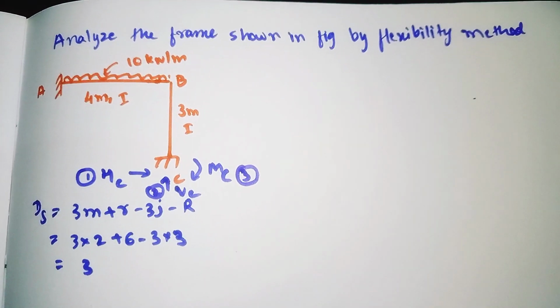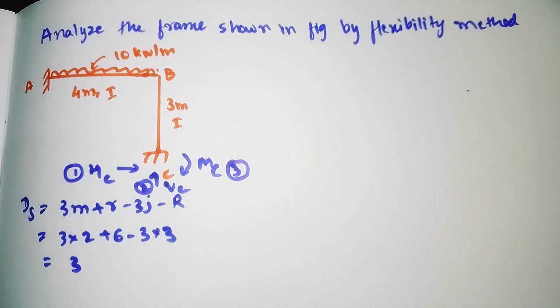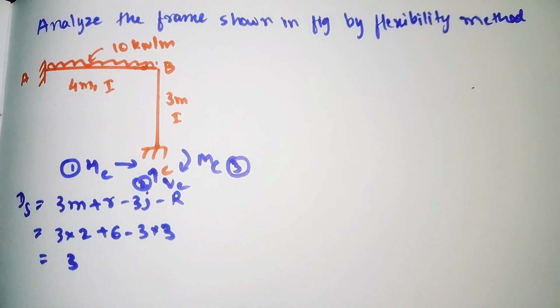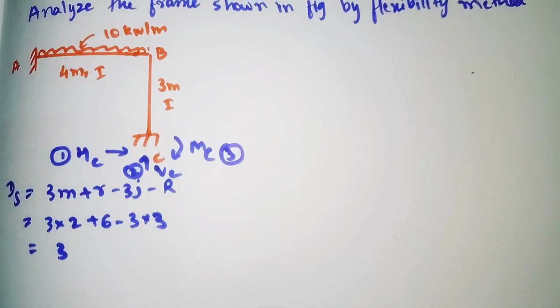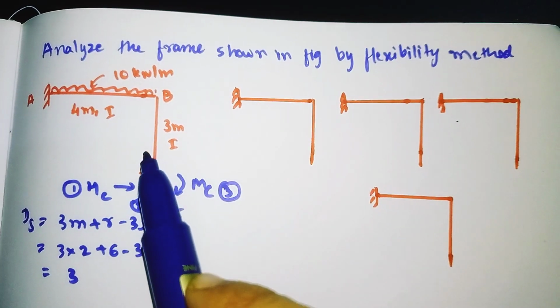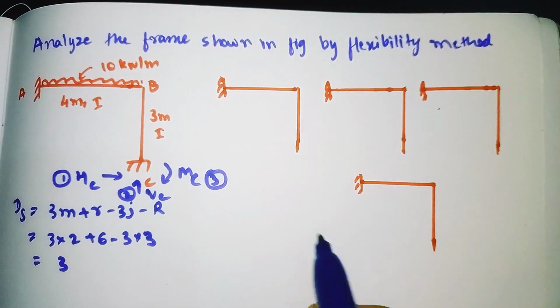After finding the redundants, the first thing we have to do is redraw the diagram, and in each diagram we apply only one coordinate. For this frame, 4 diagrams will come.